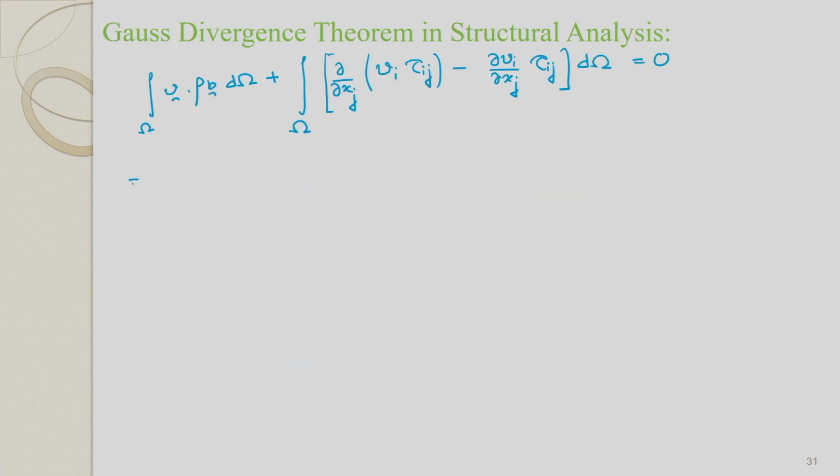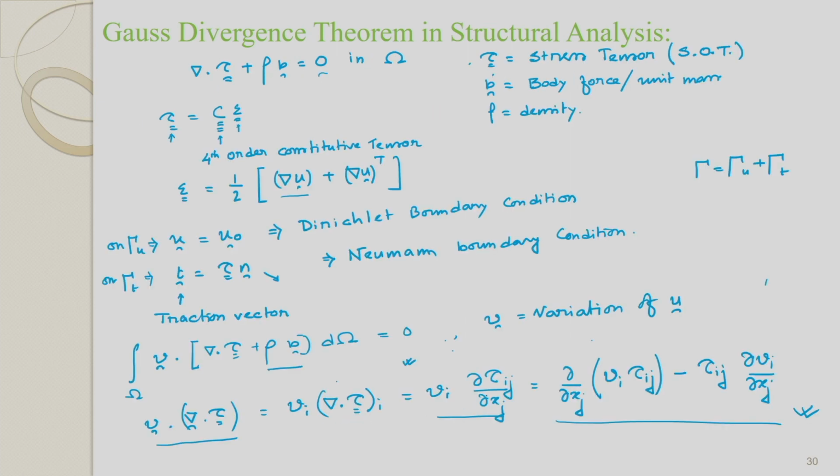Now, we can apply Gauss divergence theorem to this term. You remember, in order to apply Gauss divergence theorem, we have to express the entire term in the bracket. The del xj should operate on the entire integrand, and only then can we apply Gauss divergence theorem. We cannot apply it on this, because here del xj acts only on tau ij.